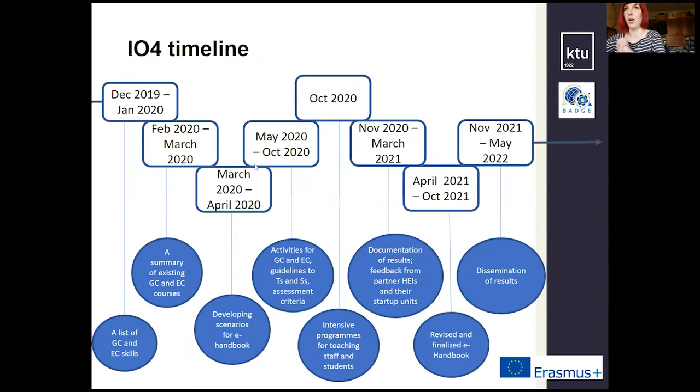Okay, so for this reason, we tried to combine the global competence together with the entrepreneurial competence because they're very closely interrelated, and to be able to develop our deliverables, we, of course, as everyone else here, set a specific timeline.